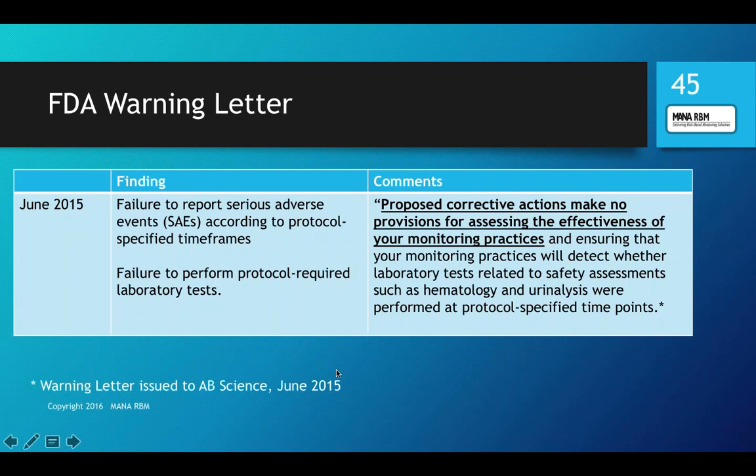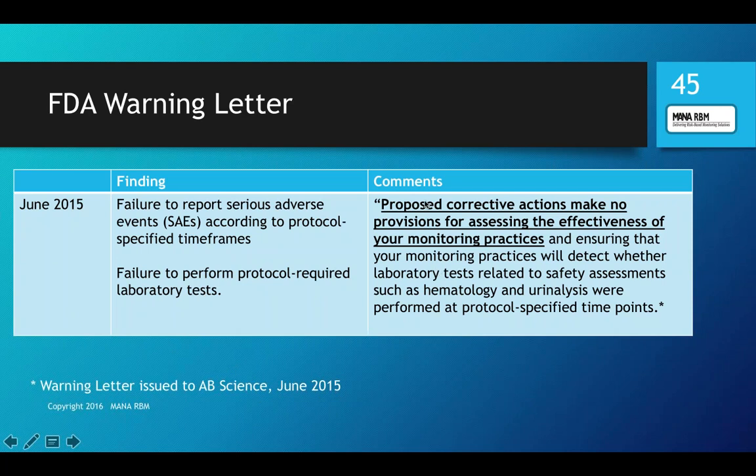Now, the reason I bring this up as being so important is that we're seeing this in FDA warning letters. This was a 483 that was issued in June of 2015 to AB Science. You can go and read the entire warning letter if you want to. One of the findings was the failure to report serious adverse events according to protocol specified timeframes and a failure to perform protocol required laboratory tests.